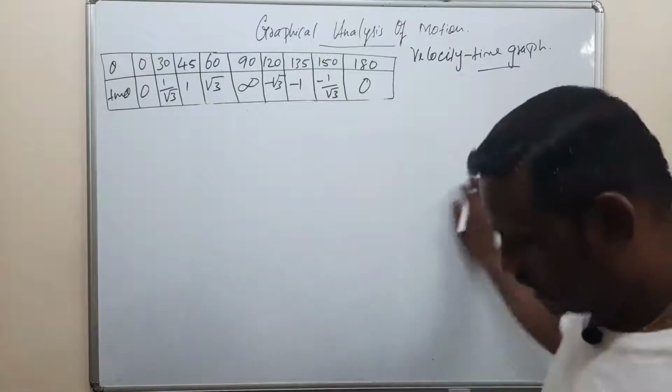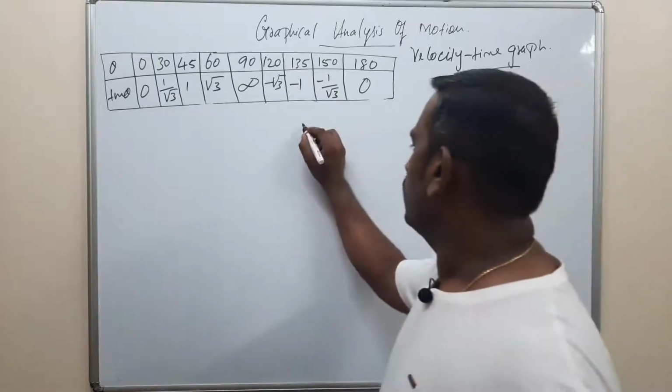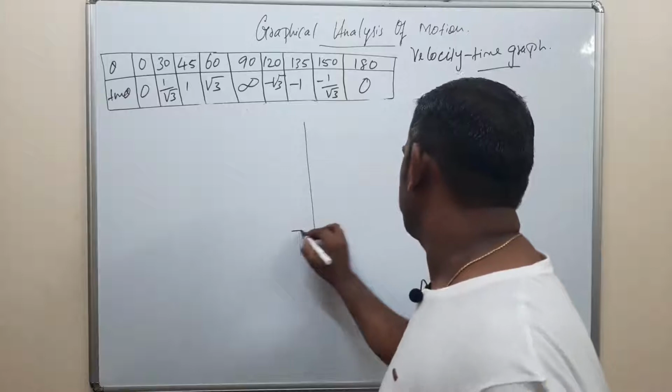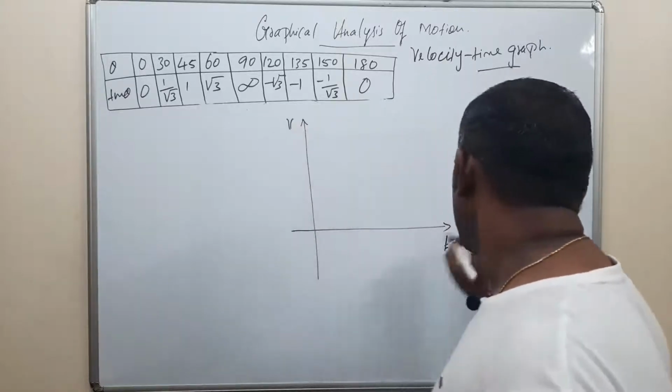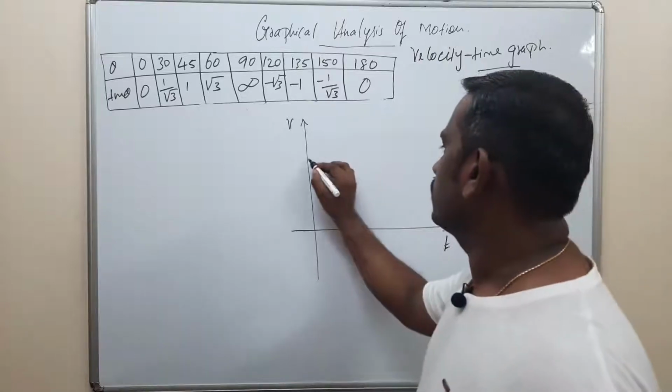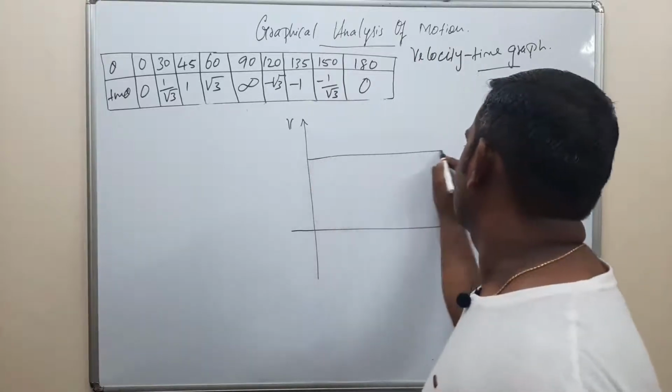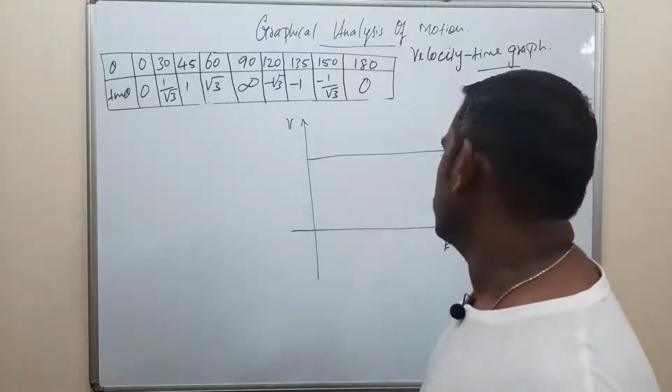Then consider the velocity time graph. A horizontal straight line, that is, velocity is constant.